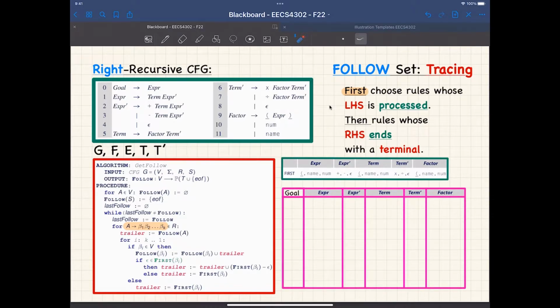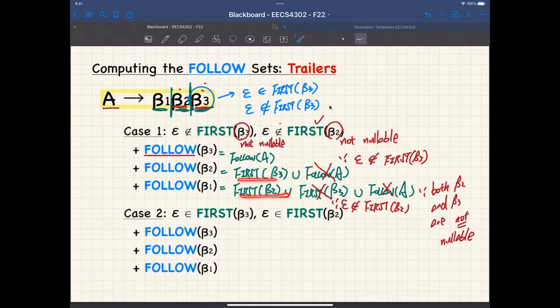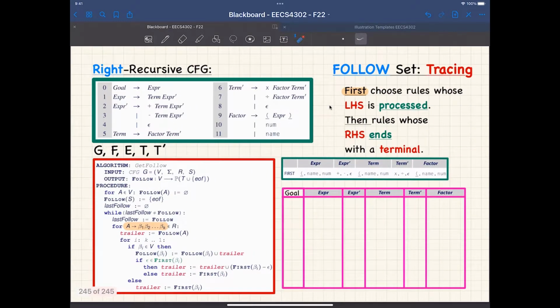We are assuming that the first set is already known to us, because in order to calculate the follow, you very often also need the first. So assuming that you know how to calculate first, let's see how to calculate the follow very quickly, just to get a feel.